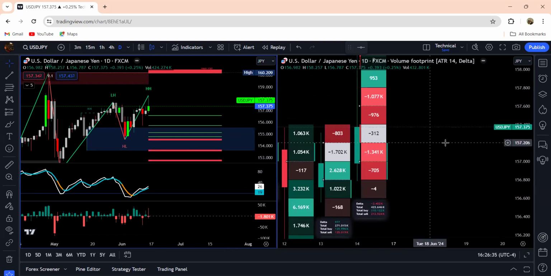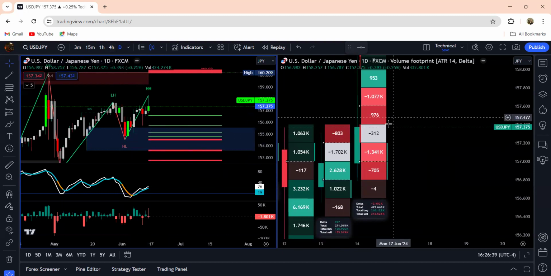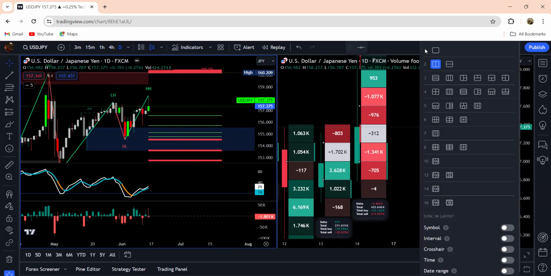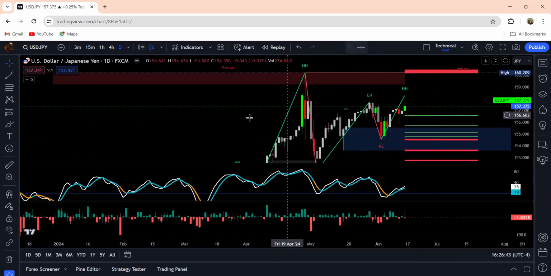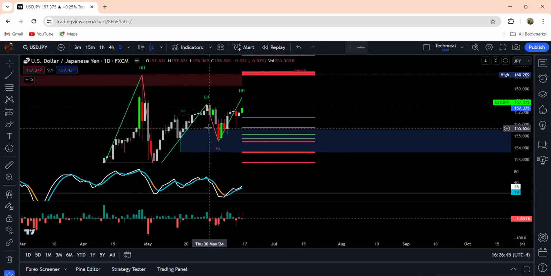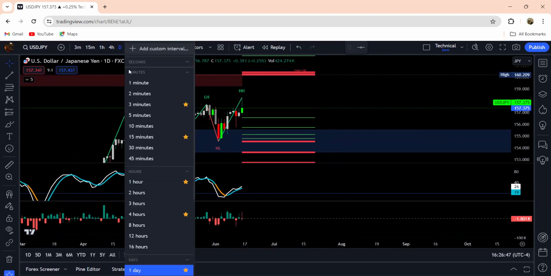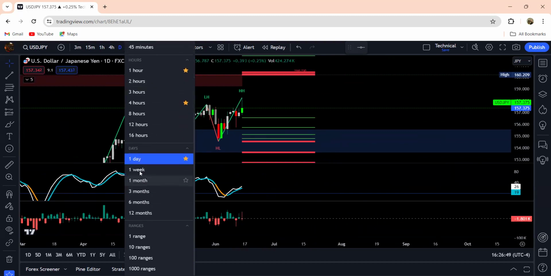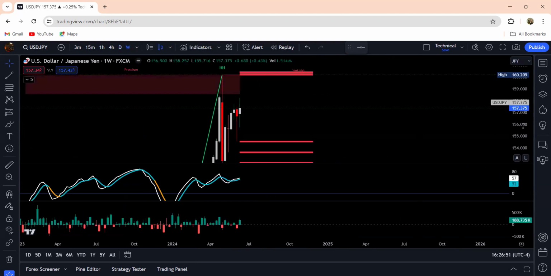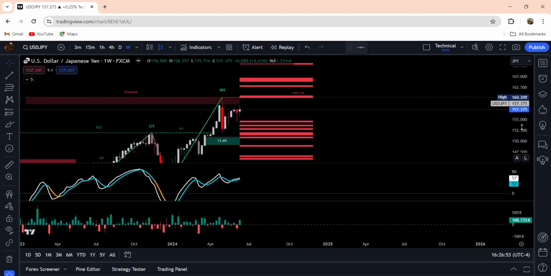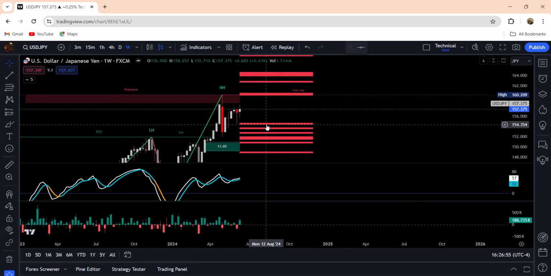But again, the other thing we want to keep in mind is the overall direction. Right now, the overall direction is bullish, not bearish just yet, so be mindful of that. Let's look at the weekly just to see where we are. We're still in a bullish posture.